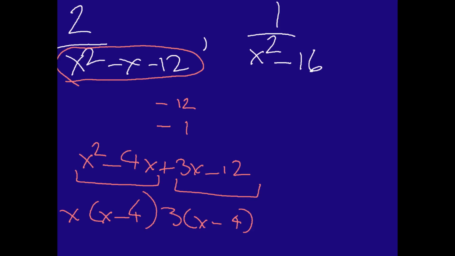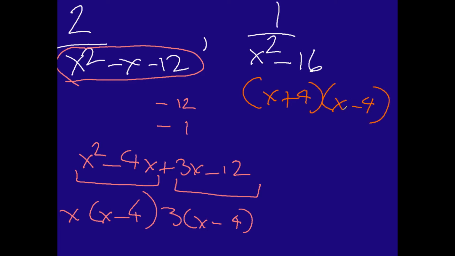Now for the second one, this will be a lot easier. If you're familiar with the difference of squares, x squared minus 16 is simply x plus 4 times x minus 4.